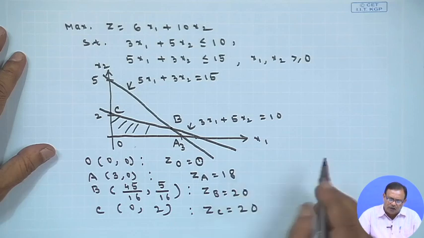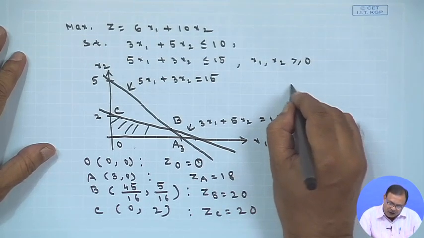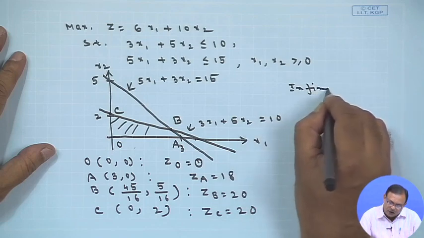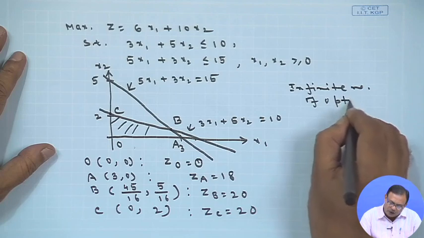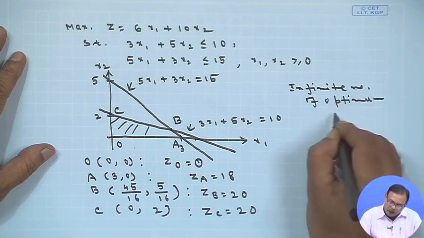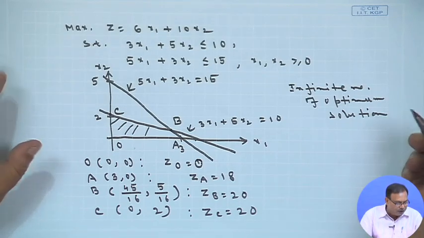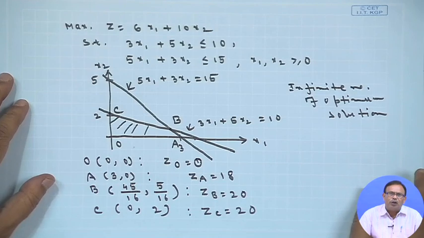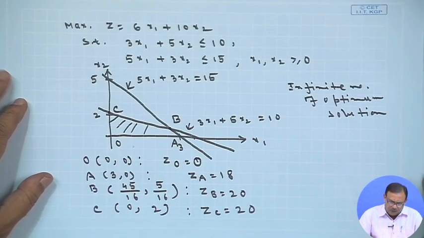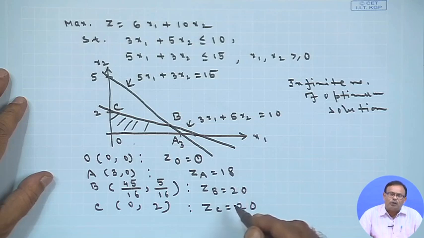Or in other words, for this particular problem you have infinite number of optimum solutions. Please note this one. The reasons we will discuss whenever we go through the theory of the simplex method and other things in detail. So, one problem we have done earlier which has a unique solution.